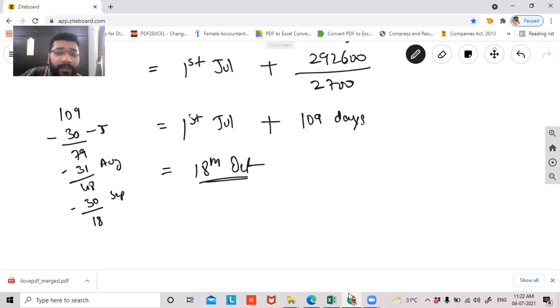Interest will be calculated from 18th October, because up to 18th October there is no interest as per the average due date concept. On 18th October, if the payment is made, neither interest gain or loss to partners, neither interest gain or loss to the firm. So the question says calculate interest, so we'll calculate interest for the days from 18th October to 31st March.